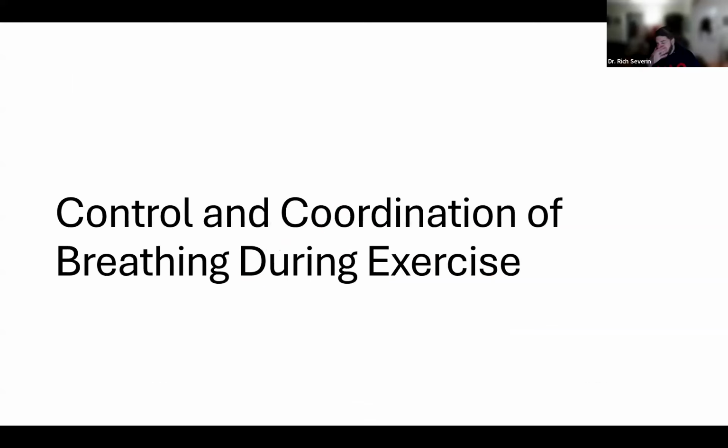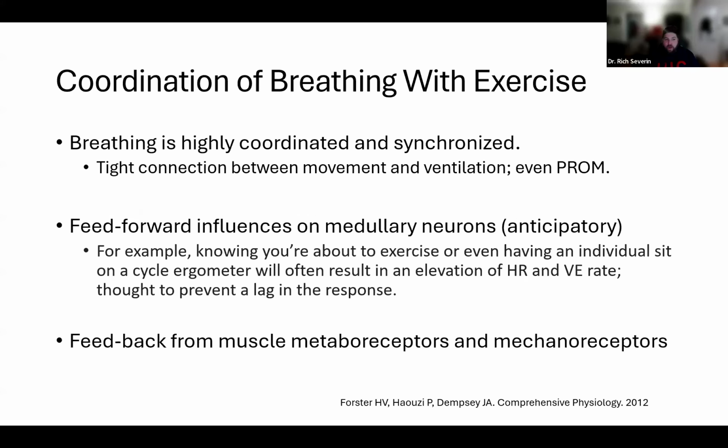All right, so getting back into some of the great things our breathing system can do, which is coordinating and controlling with exercise. We talked about how breathing is highly coordinated, even at resting conditions. This is especially true during exercise when demands increase.